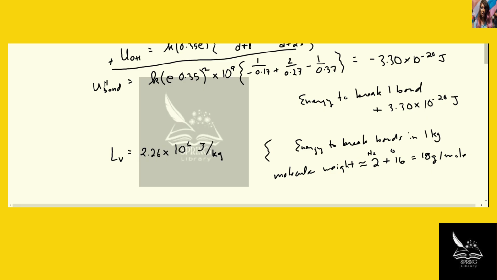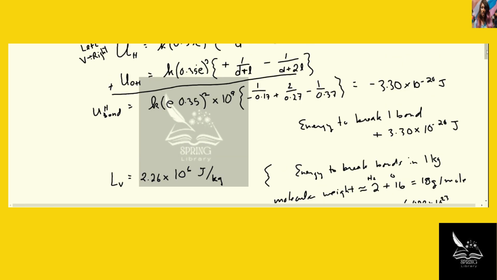Okay, and we can divide 1 kilogram by this to figure out how many moles we have, and then multiply by Avogadro's number. Convert the grams to kilograms. So we'll use Avogadro's number to figure out how many molecules there are in 1 kilogram.